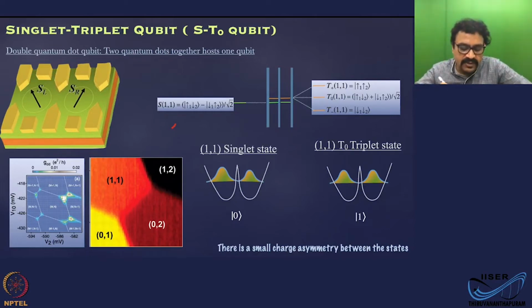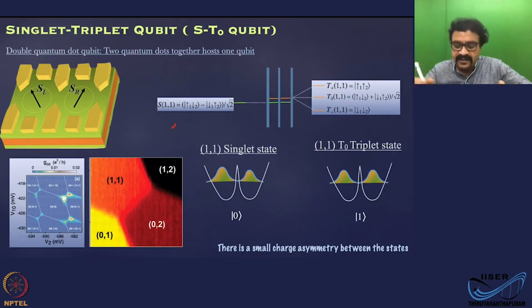If you have two quantum dots with one electron each, we have learned that these two electrons can be in a singlet state or in a set of triplet states. The singlet state is given by this, one electron here, that is one singlet state. There is also the 0-2 singlet state, that is a singlet state of the single dot. That is not what we are looking at here, but that state is also involved in the whole manipulation.